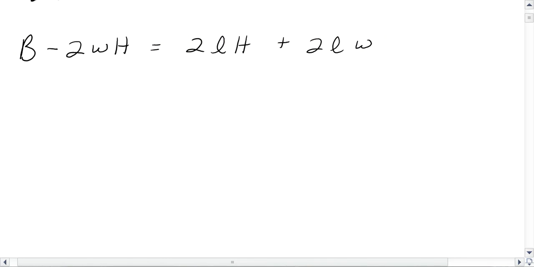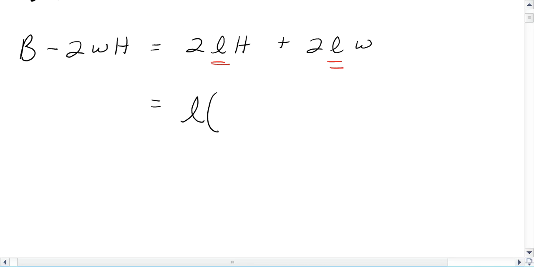In A1, you learned something called factoring. You can factor a term out if it's in both terms. And this L is in this term and it's in this term. So we can factor it out and put it out in front.